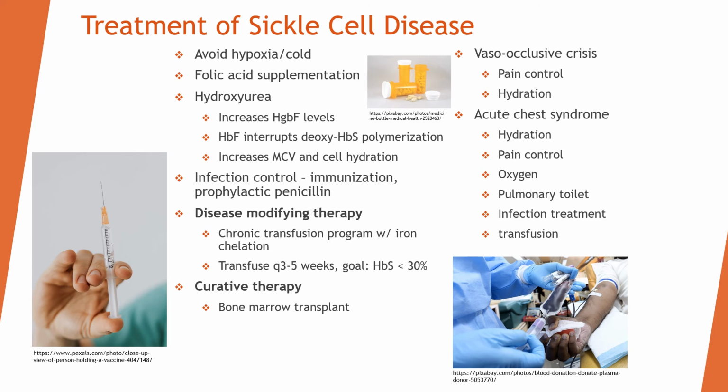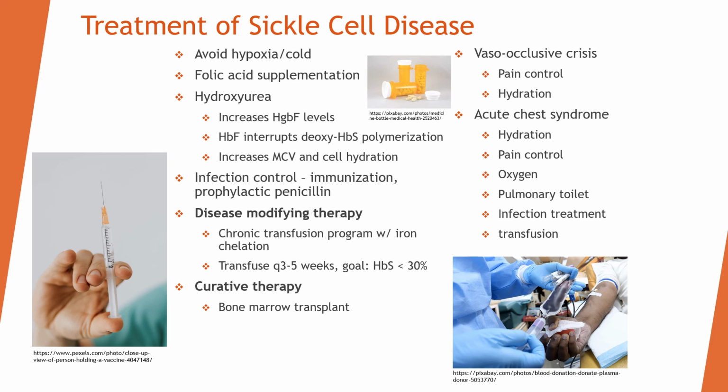Transfusion would be every 3 to 5 weeks with a goal of hemoglobin S being less than 30% of the entire hemoglobin composition. The curative therapy would be to replace the source of hemoglobin S production in the first place, the bone marrow transplant.